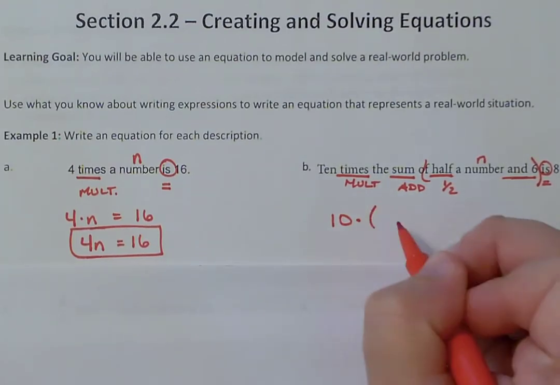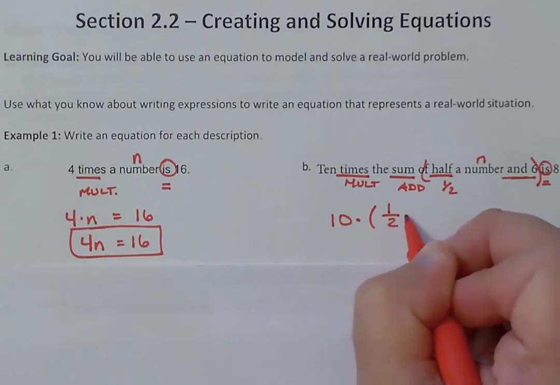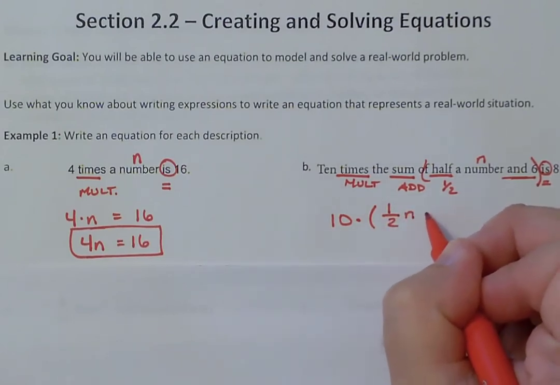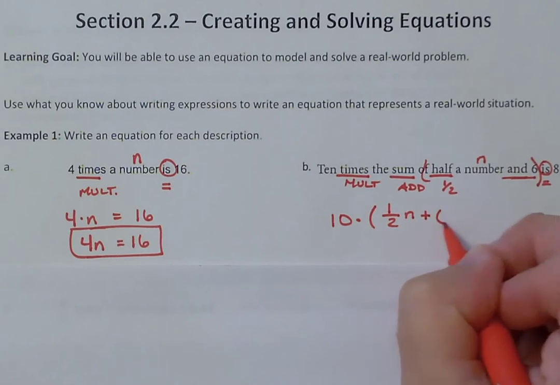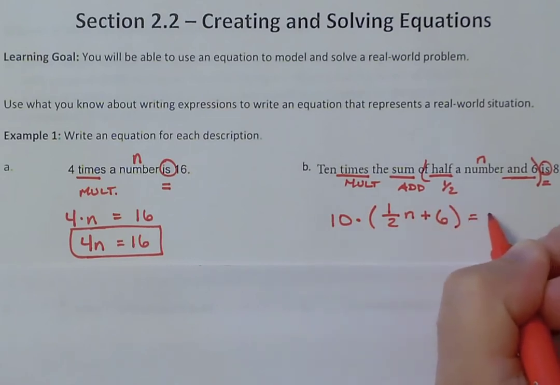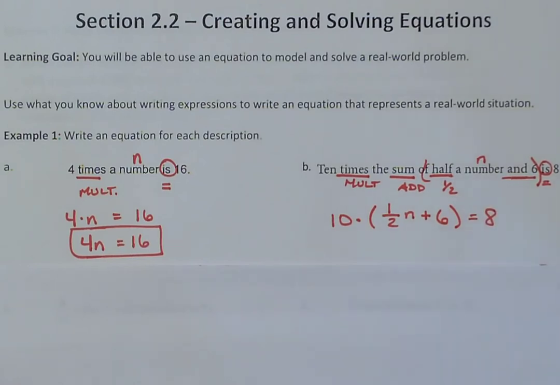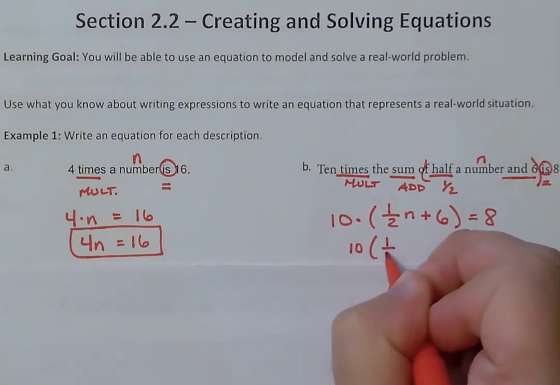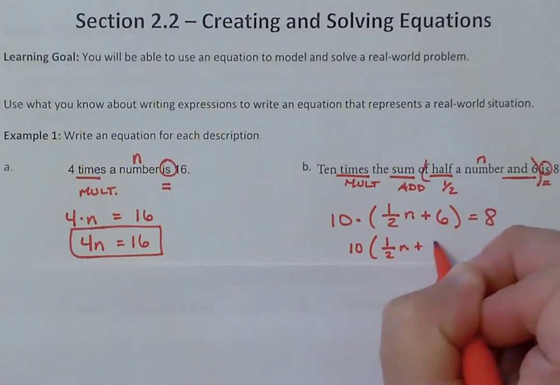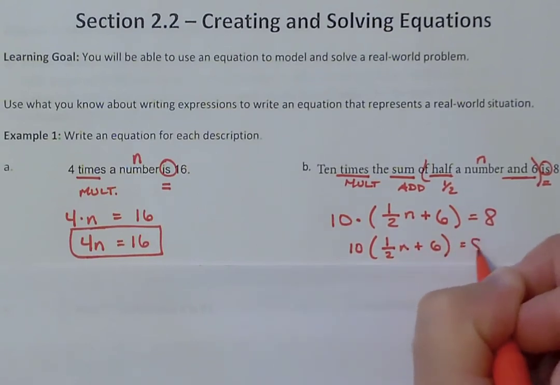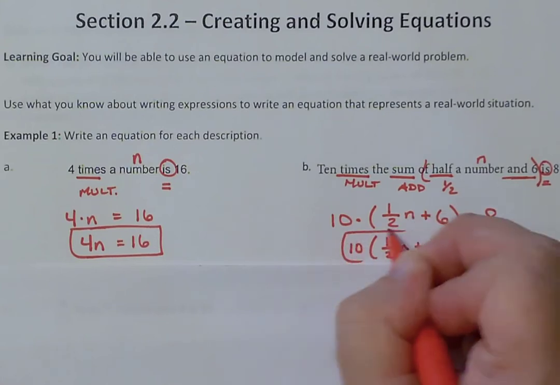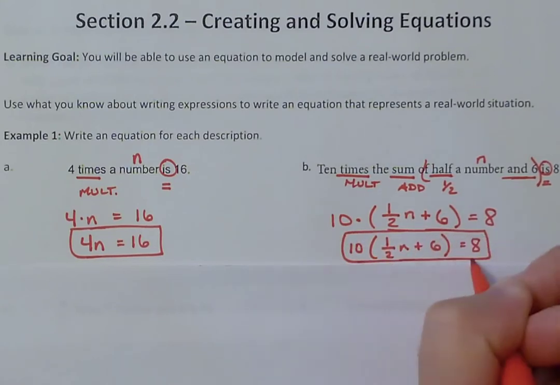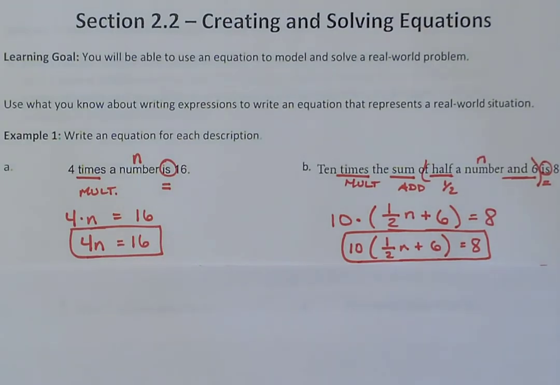So we're going to use parentheses to represent half a number, n, and 6, so sum means addition. So plus 6 is 8, so it's going to be equals 8. Now, that does work. We can simplify a little bit further and actually get rid of the multiplication sign and just do 10 in front of the parentheses. It represents the same thing as 10 times 1/2 n plus 6 equals 8.